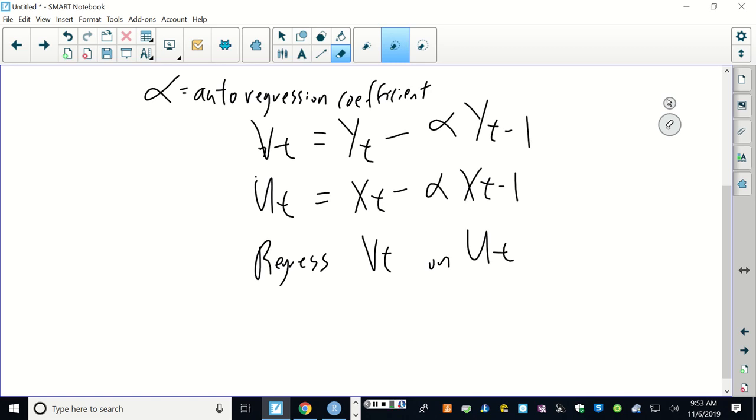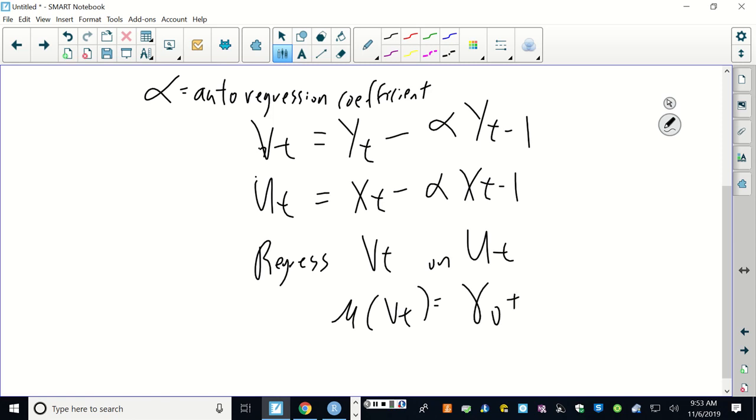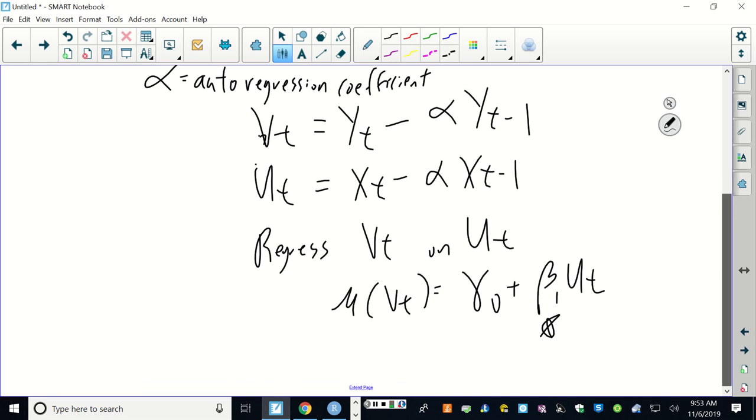So we're going to be fitting a model that the mean of y sub t in just a linear case is, if you just do this filtering and you fit a regression of v on u, the beta is the same as if you just regressed y on x. Right? The slope is going to be the same, the intercept is going to be different.